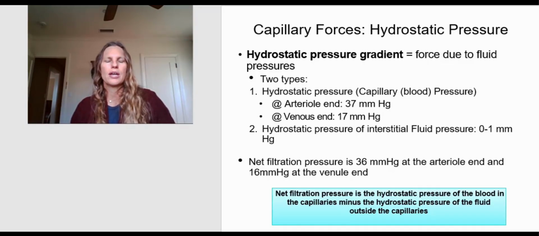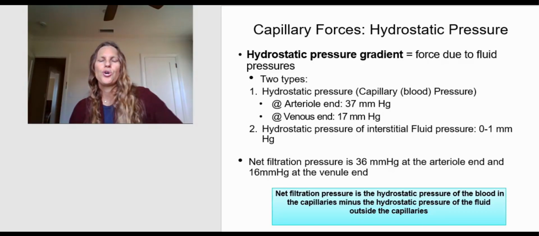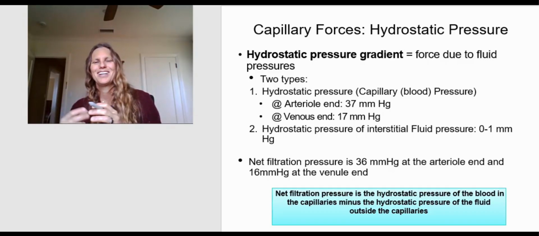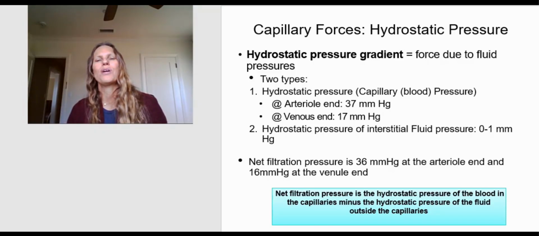Gradients are absolutely essential for any kind of transport, whether it's transport due to pressure or transport due to concentration. So in this case, we're looking at pressure because hydrostatic forces are pressure. It's all about pressure. And it's the pressure that's basically being generated as a result of the presence of fluid.